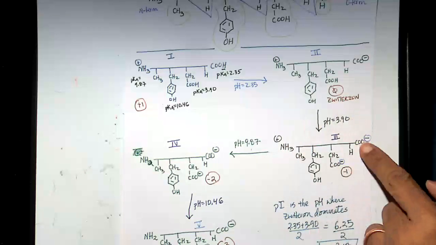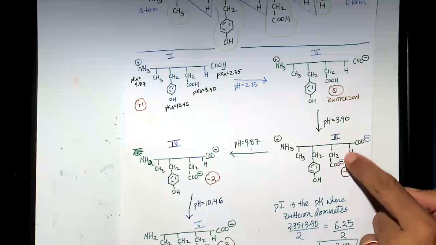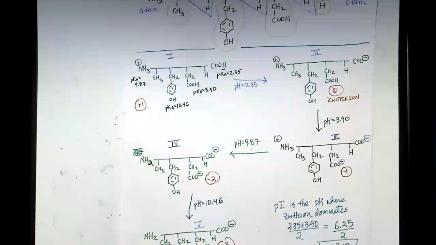At pH 7.2, I would say form 3. Form 3 would be the most populous form. So the -1 will be most populated in our cells if this were floating around in our cells with a pH of 7.2.